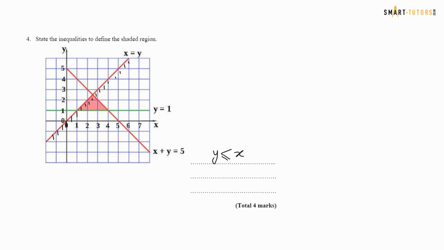Now y equals 1 is the other line, and the region is above it, so y has to be greater than or equal to 1. The last line is x plus y equals 5. Now the region is below this line, so y has to be below, meaning less than 5.